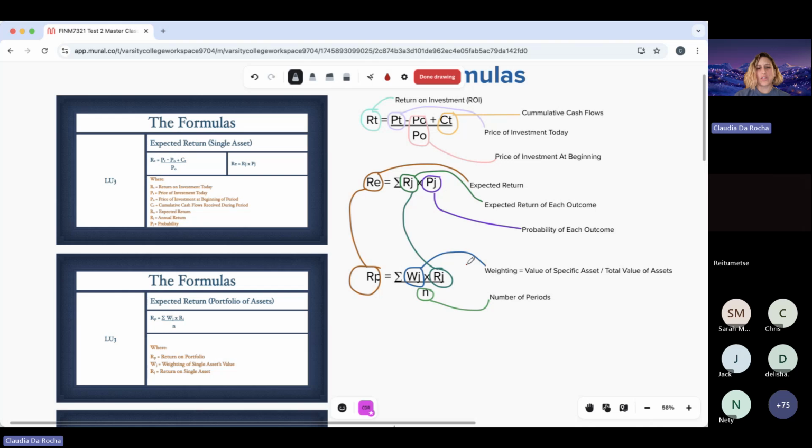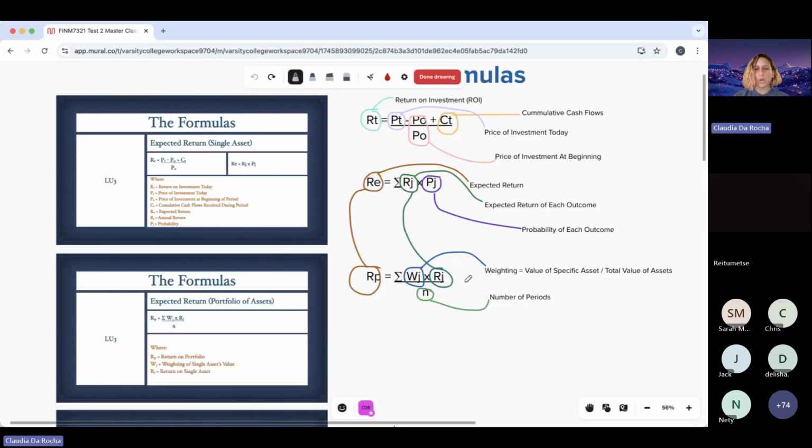Mr. D, are you assuming more with the standard deviation, or are you referring to when we do expected return? Okay, I'll cover both in case.